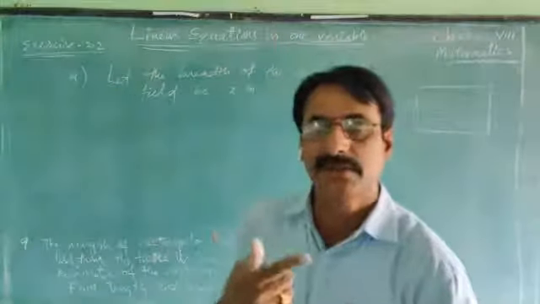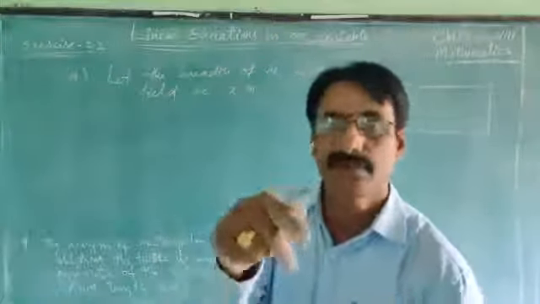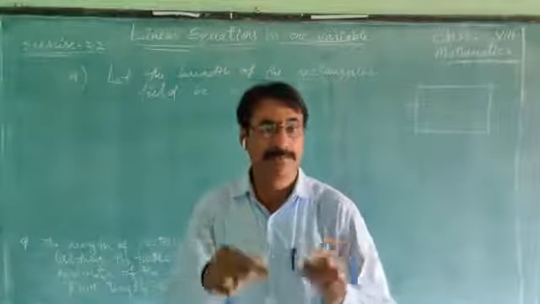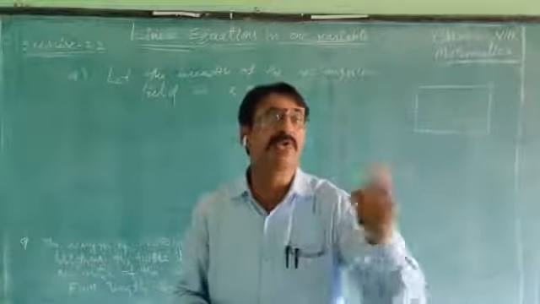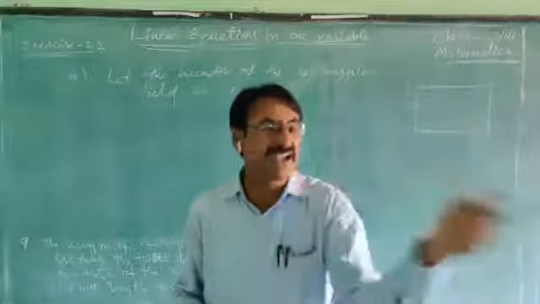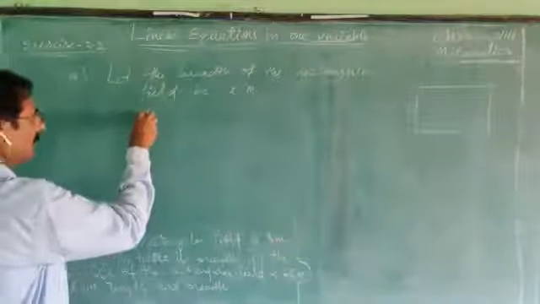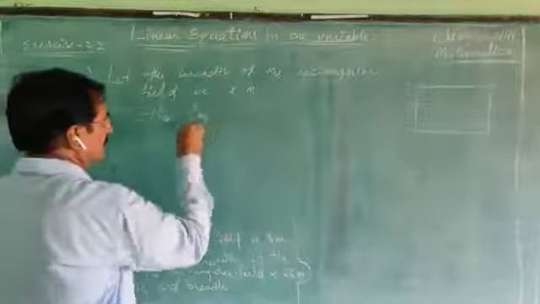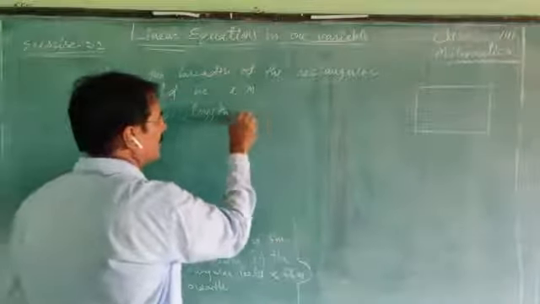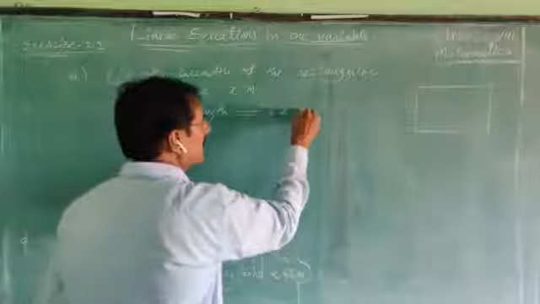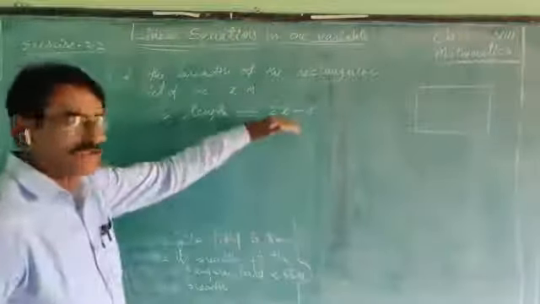Twice the breadth means 2x. Already we know x is the breadth. From that 2x subtract 8. So we get the length. Therefore, the length is 2x minus 8. This is very, very important.